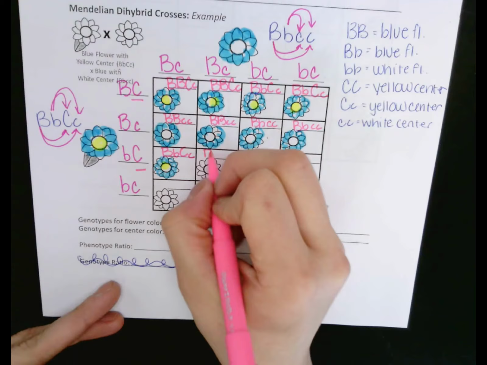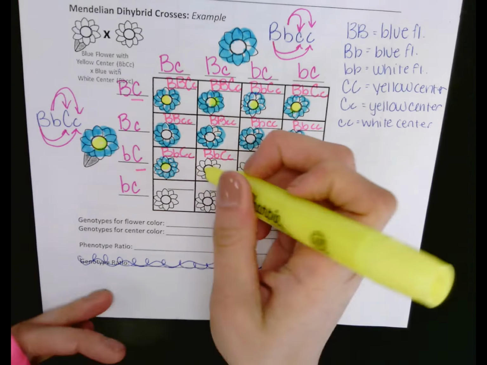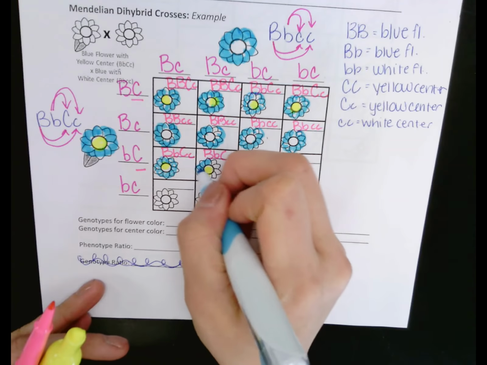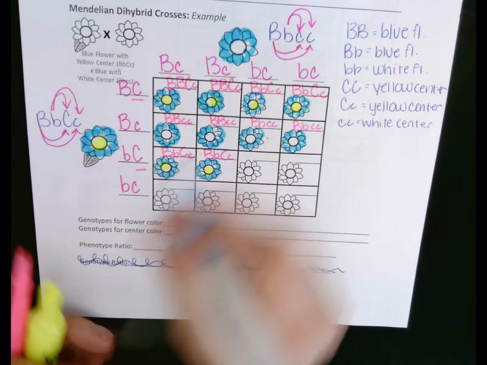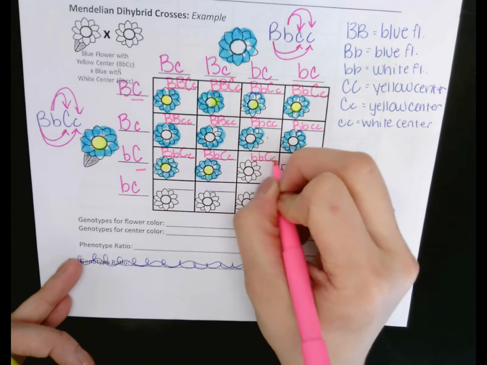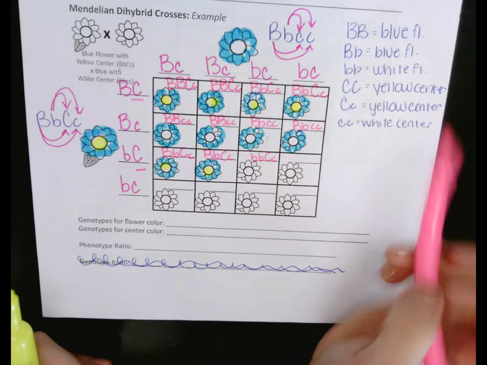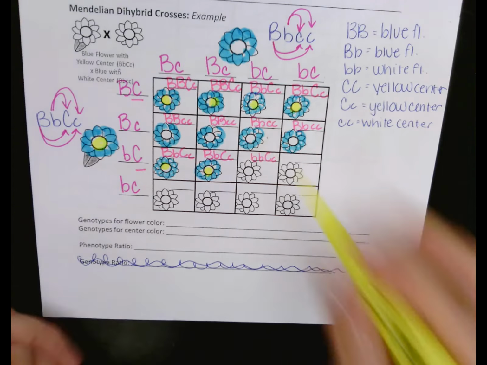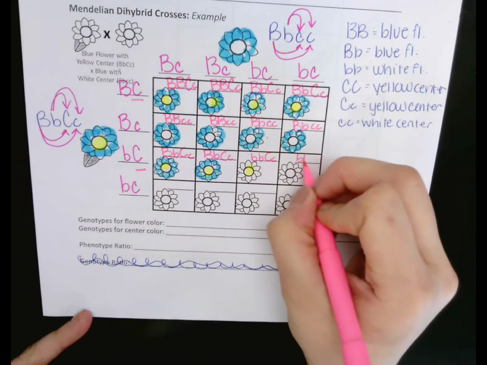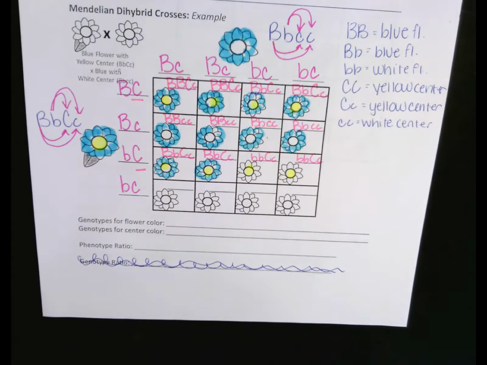Big B, big C, little c, so that'll be blue and yellow again. Little b, big C, little c, so that would be white flower, yellow center. Little b, big C, little b, yellow center again.